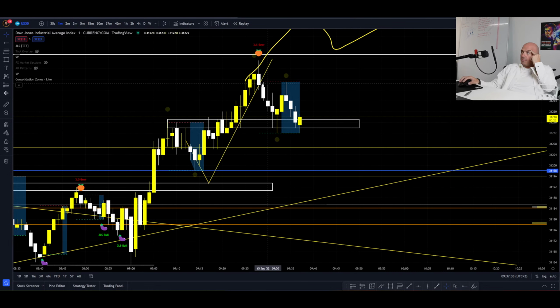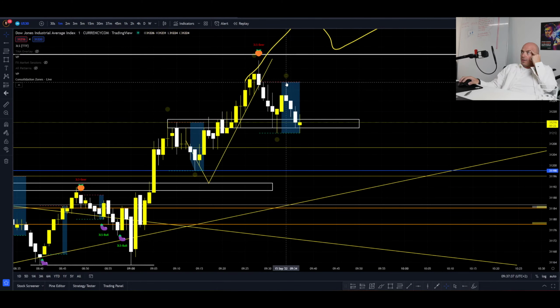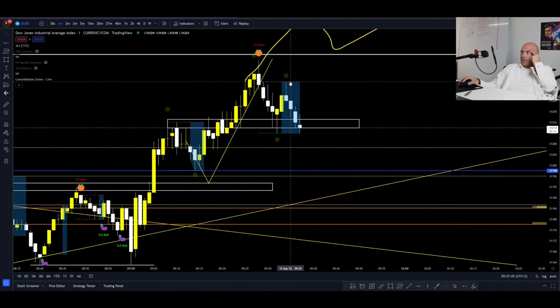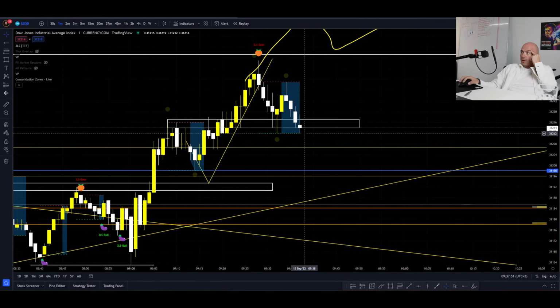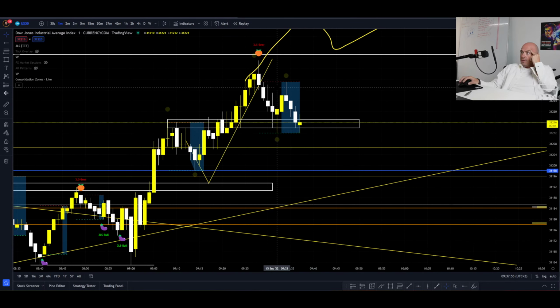Came up, but thank Christy and her life-saving indicators. Consolidation zone showed me that this area was a watch out, and that's exactly what it did. It rejected that zone, which is why I didn't enter the trade after I had already asked you guys should I enter. It would have hit my stop loss.